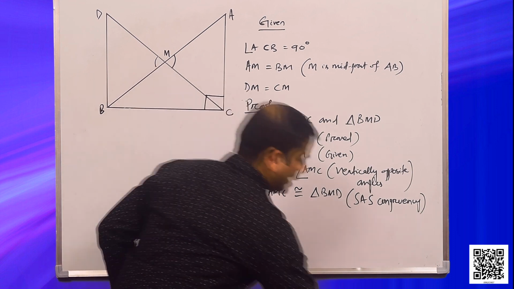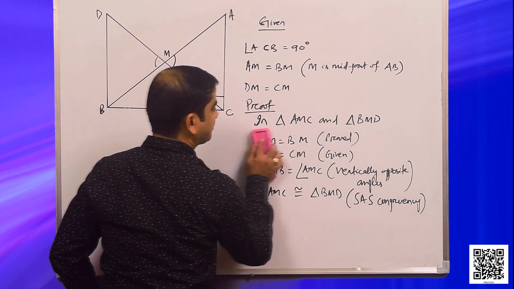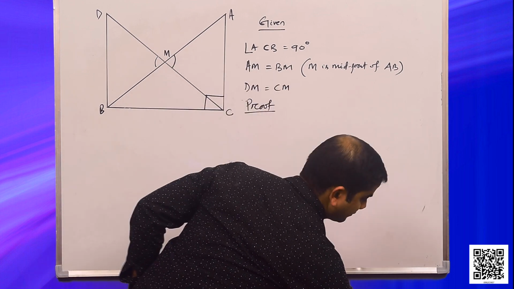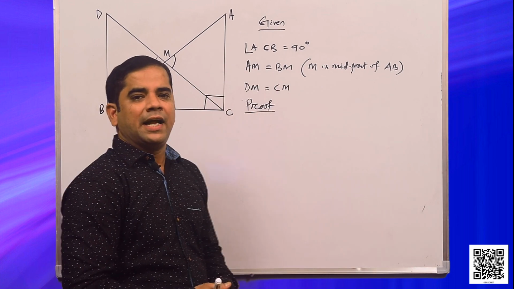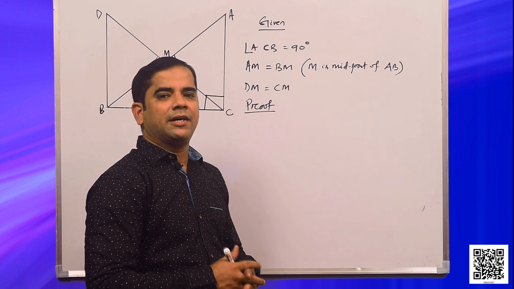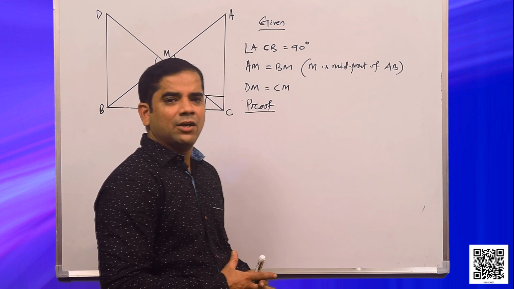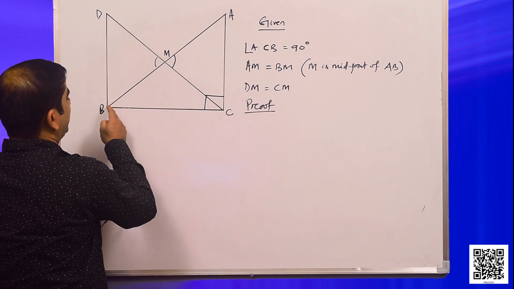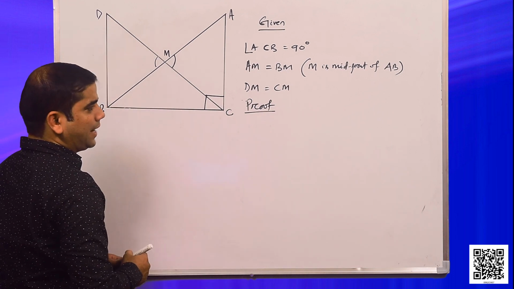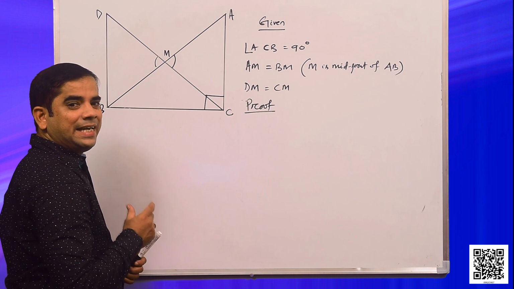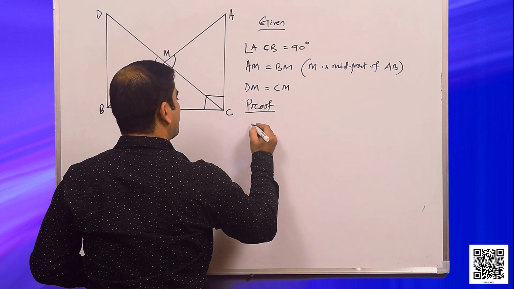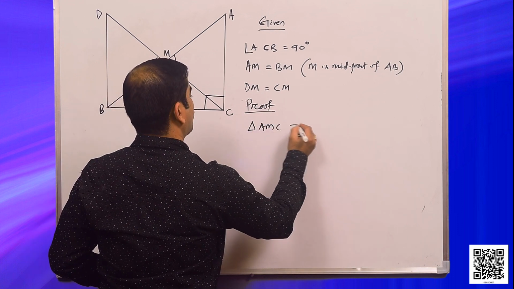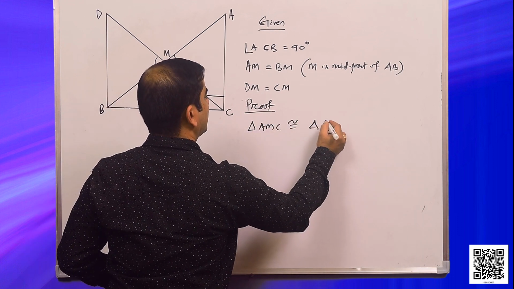Okay. Let us discuss the second bit. It says angle DBC is a right angle. Let us see where it lies. Angle DBC. So, we have already proved that triangle AMC is congruent to triangle BMD.